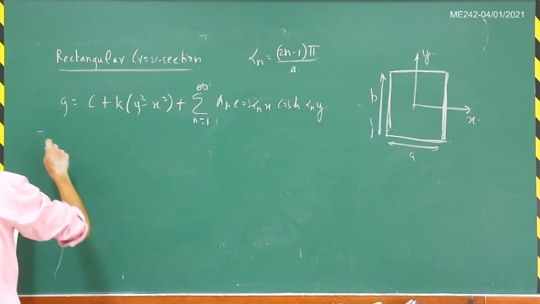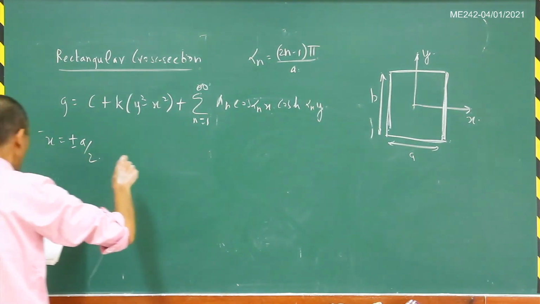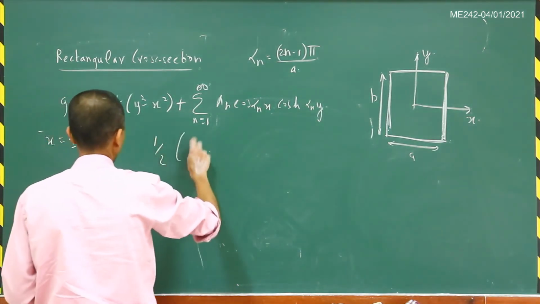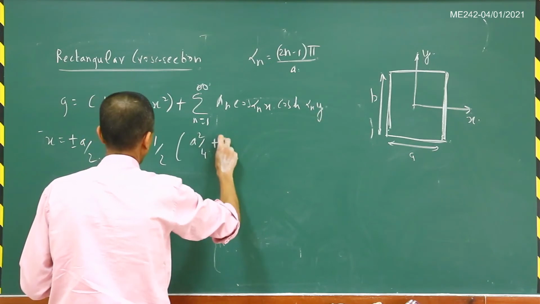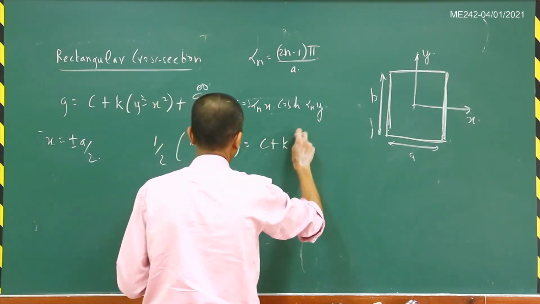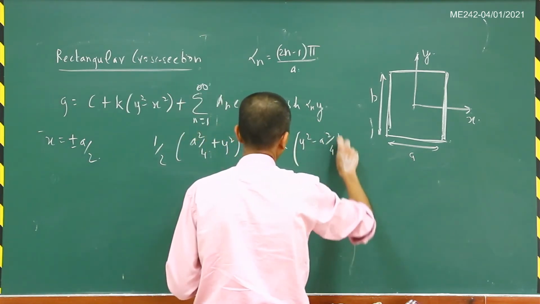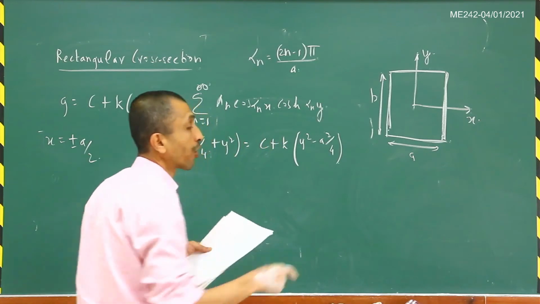So on x equal to plus minus a by 2, we will get that half of a square by 4 plus y square is equal to c plus k times y square minus a square by 4. Okay? And this has to be valid for all y, correct?